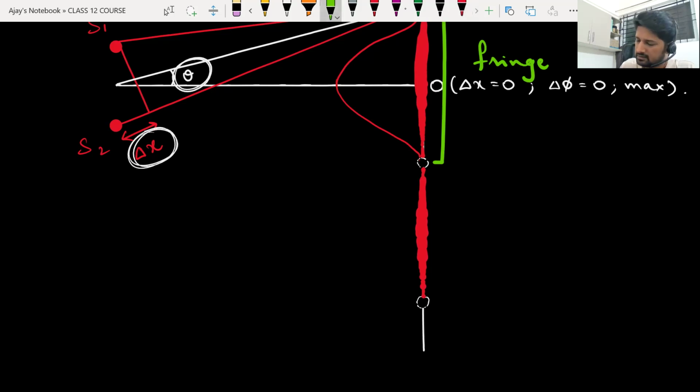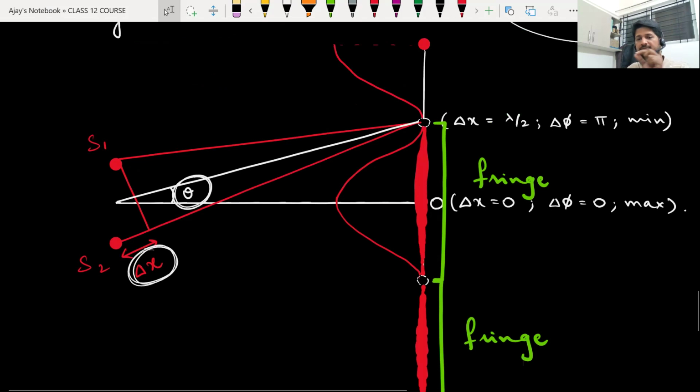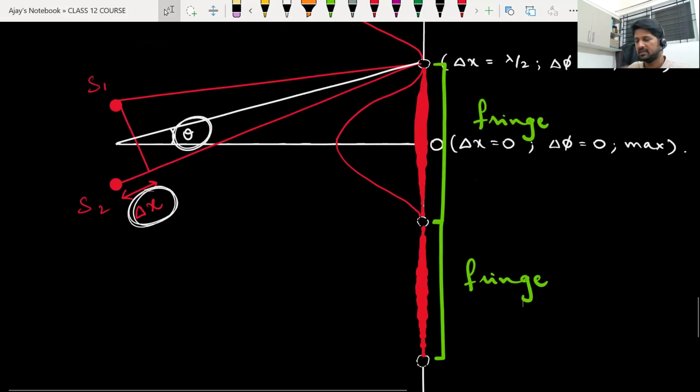This is another fringe. And so on. You will see many bands like this, which have maximum intensity at their midpoint, and at the edges there will be minimum intensity. Each band is called a fringe. And the width of each band is what you call fringe width.